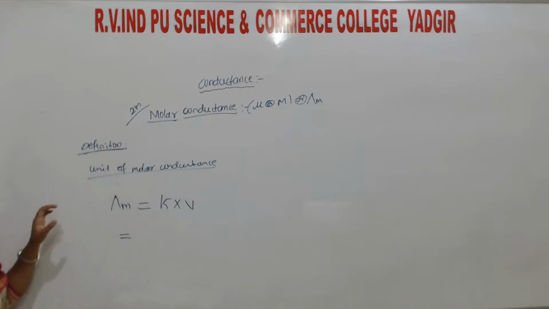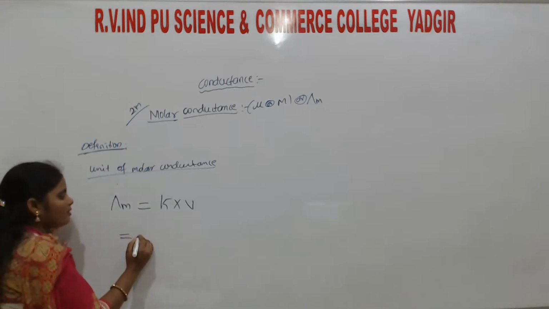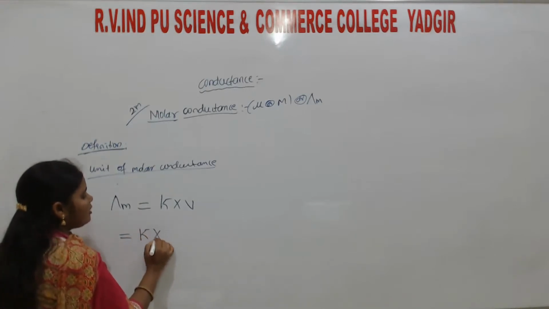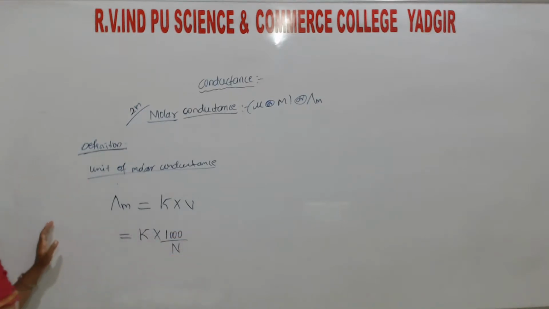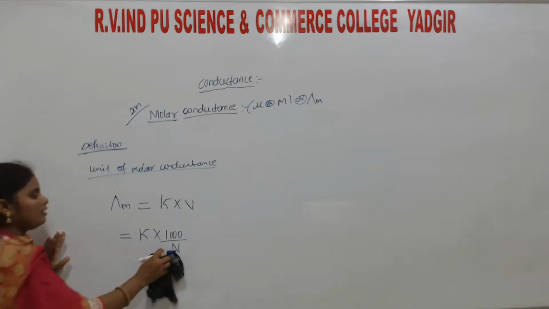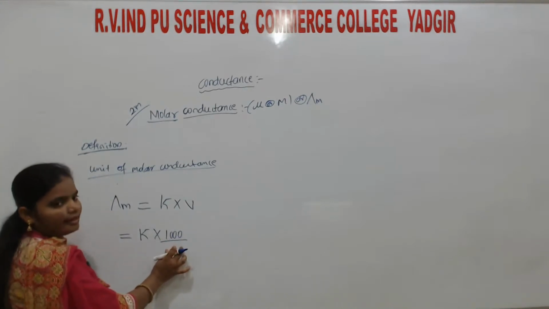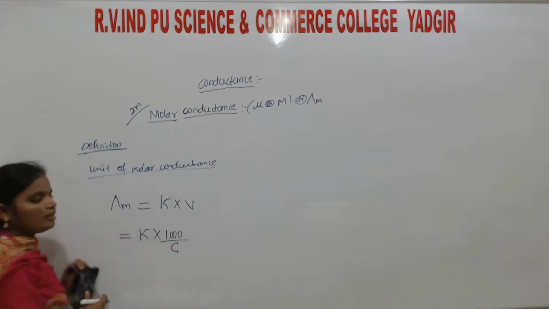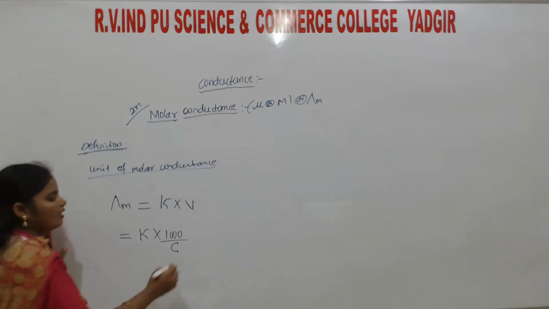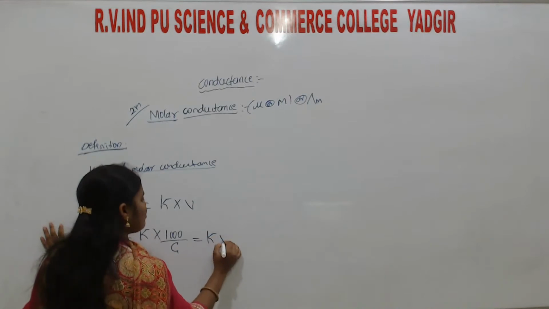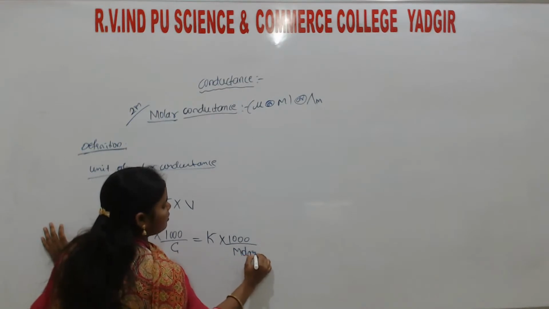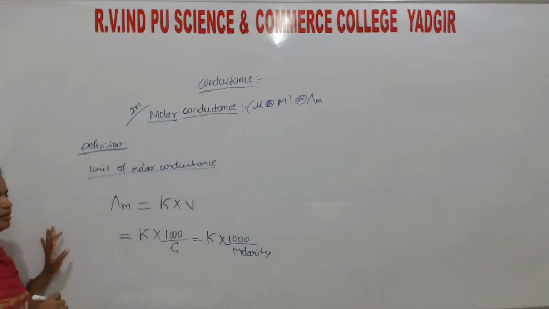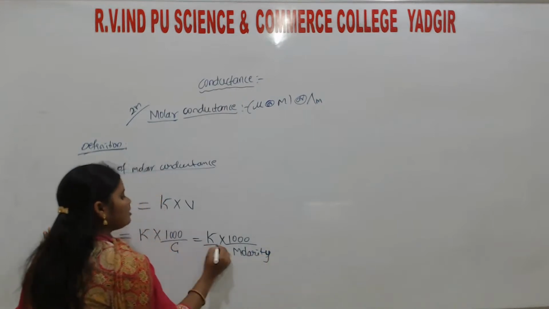In molar conductance, you take molarity. Therefore lambda m is equal to kappa multiplied by 1000 divided by molarity.